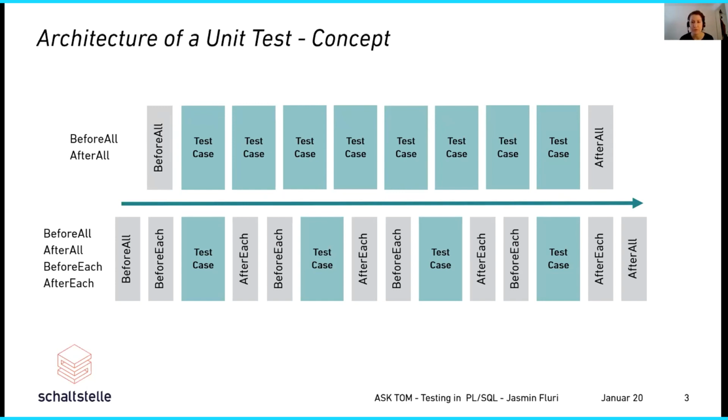We have the before all at the beginning, then the before each before the test case, the after each after the test case, and so on, until the after all at the end of the execution of the tests. So that's pretty much the picture you can have in mind when you are running your test cases.